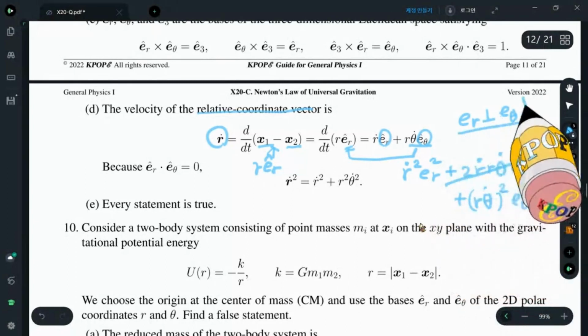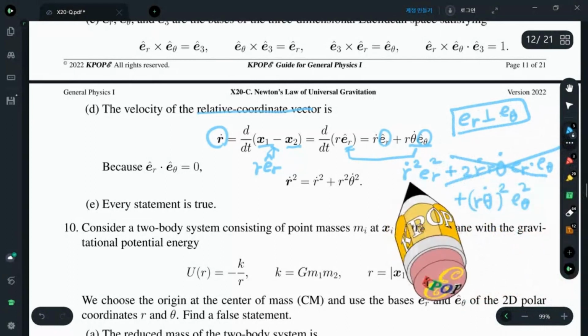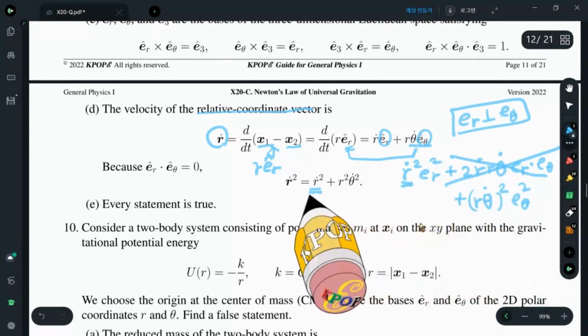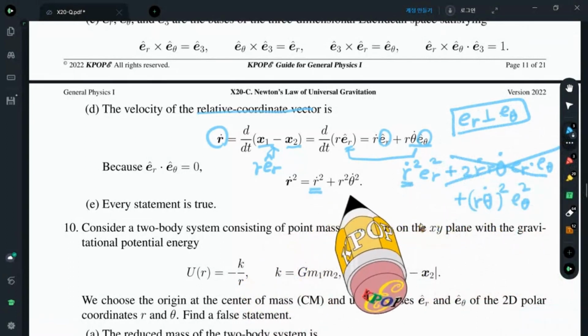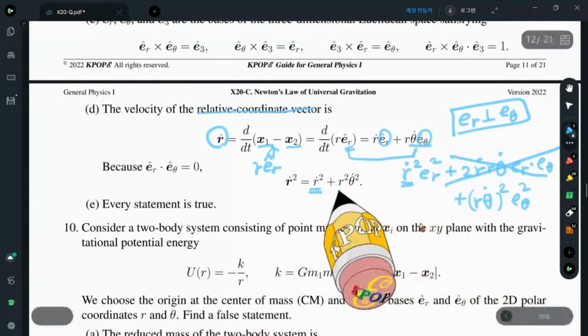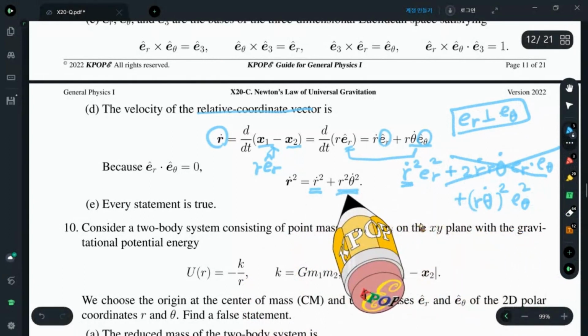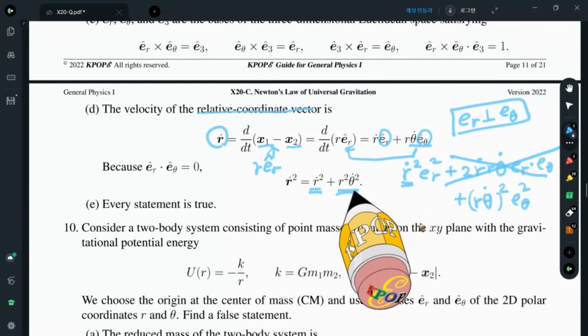Because they are perpendicular, the cross term disappears, leaving radial velocity squared plus radius squared times angular velocity squared.